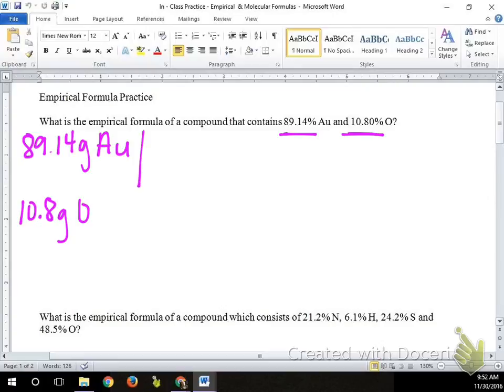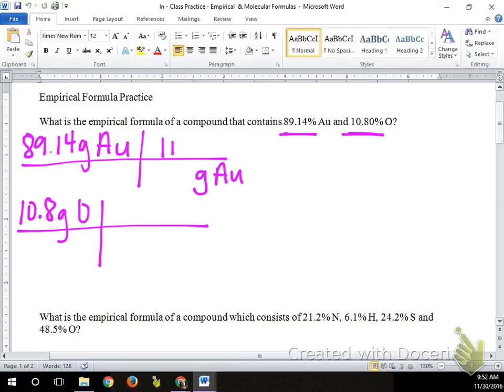So I want to go grams of Au to moles of Au. When I want to get rid of grams, where does it need to go? Good, on the bottom. And I want to go to moles. Molar mass of gold. We can round that up if you want. 197.